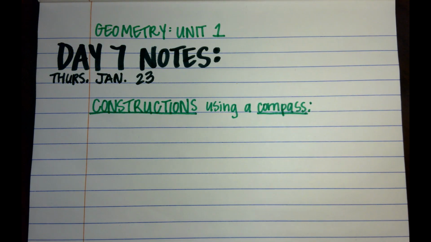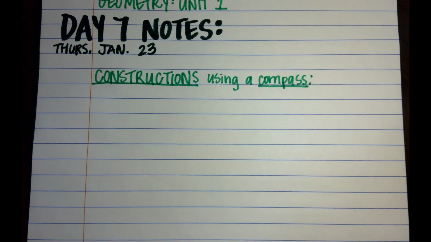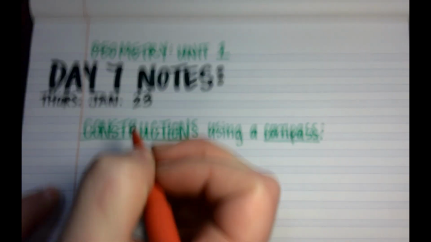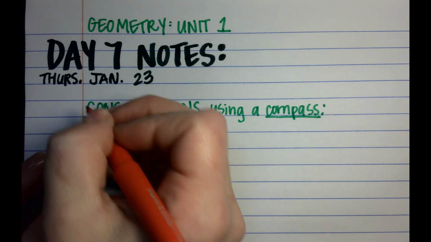Constructions using a compass. Okay, so we talked about 2 specific constructions. The first one, anybody remember? I heard a few of you say it. What's that first one called where we make a perpendicular bisector? So let's write that out again.